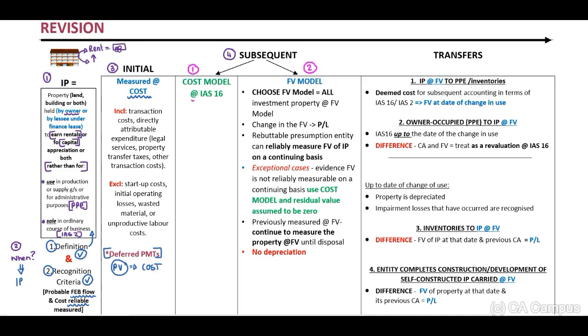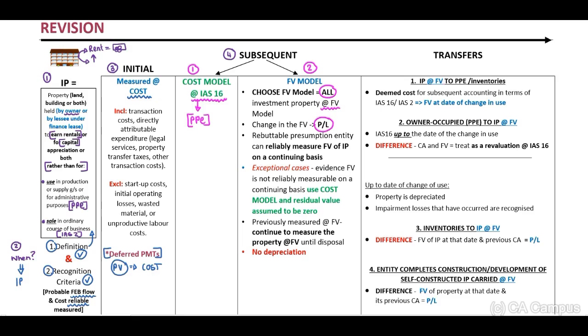If in terms of the cost model, the same principles will apply as per IAS 16, then you need to know that you will have to disclose your investment property in the PPE note as per our rules of IAS 16. Now, if the entity chooses the fair value model, all of the investment properties should be measured at fair value. Now, any change in the fair value shall be recognized in profit and loss.